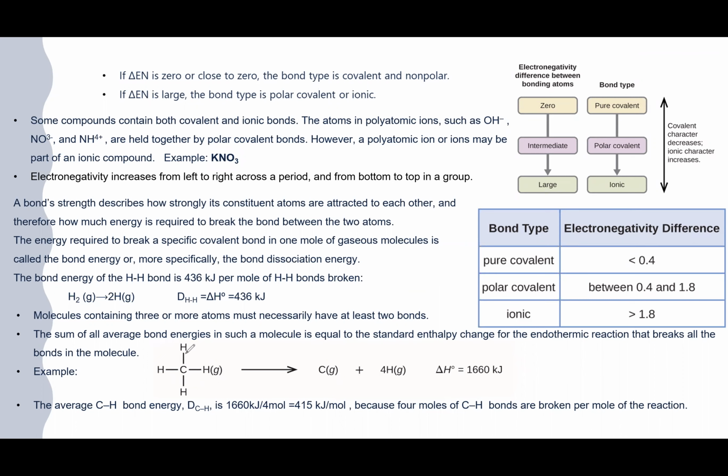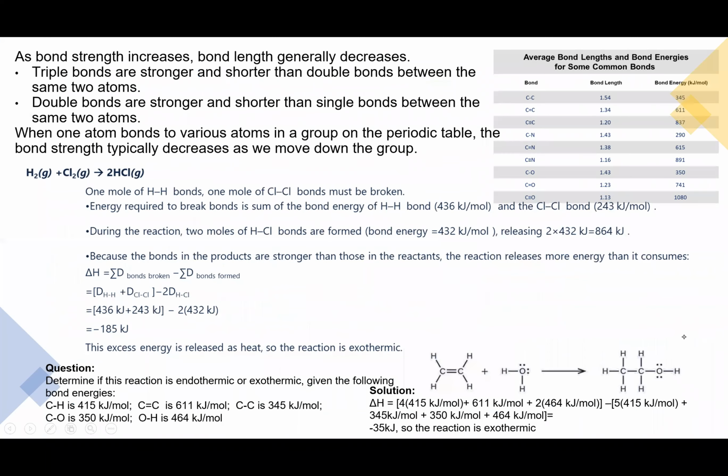Questions? Yeah. Will the electronegativity for each atom be reflected on the periodic table that is given to us during the test? Maybe not, but it will be given. You don't have to memorize it. You just have to know that if it's a metal and a non-metal, it's ionic.